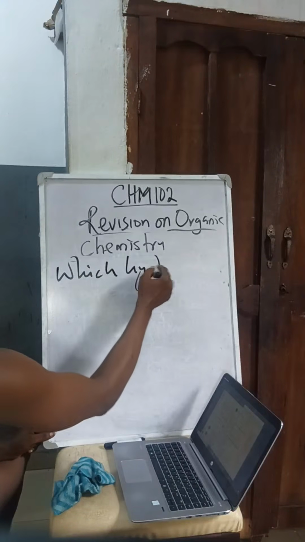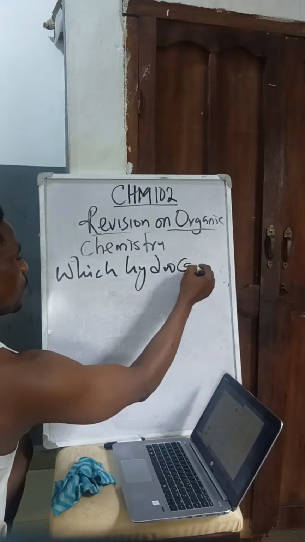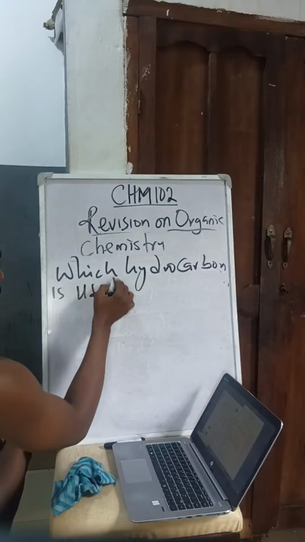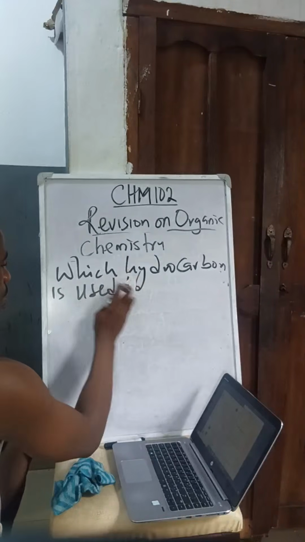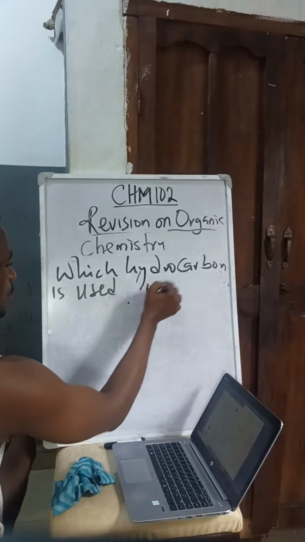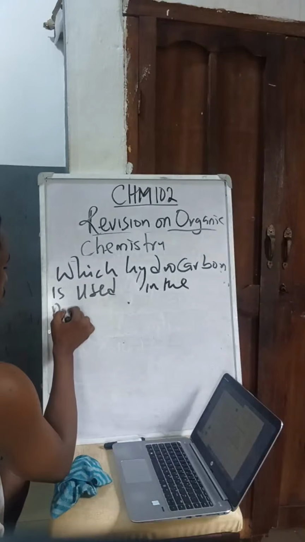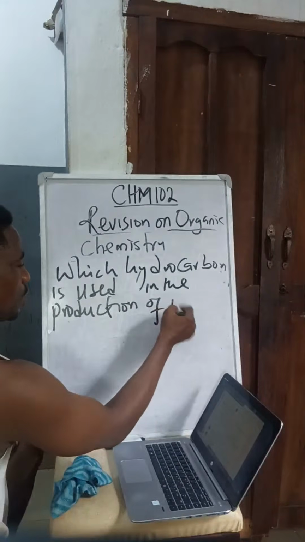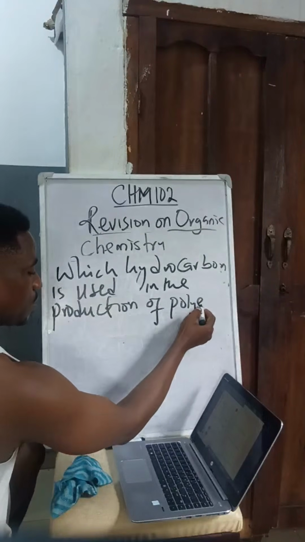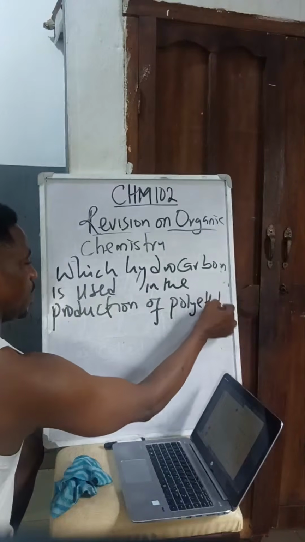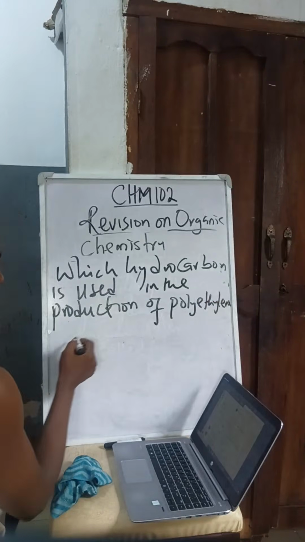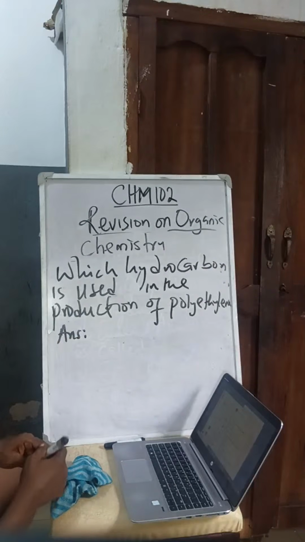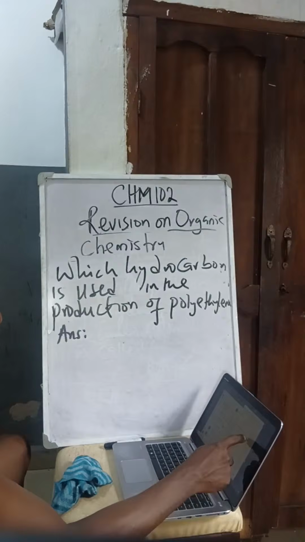Which hydrocarbon is used in the production of polyethylene?